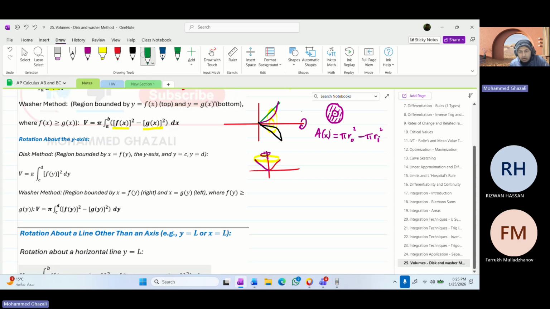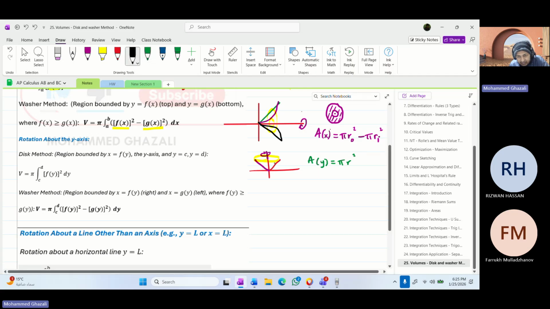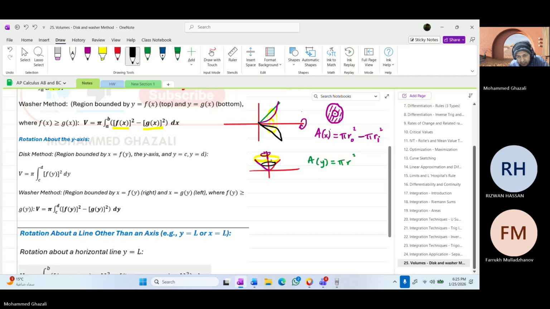But now your function will be in terms of A of y, which is pi r squared. This is the disk method. Where's your radius? Your radius is somewhere inside here. That's your radius, and the radius is in terms of y.